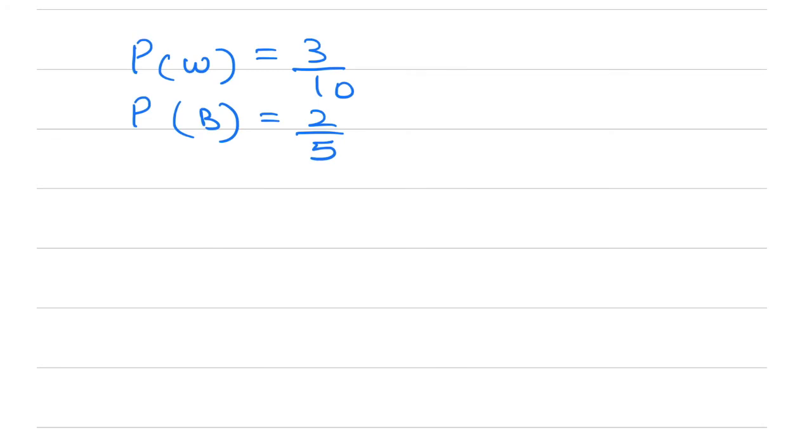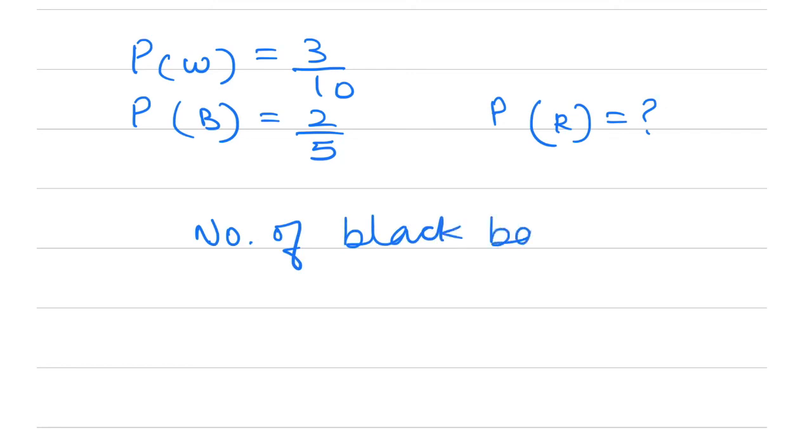We have to find the probability of getting a red ball. Number of black balls is 20, and we also have to find the total number of balls.